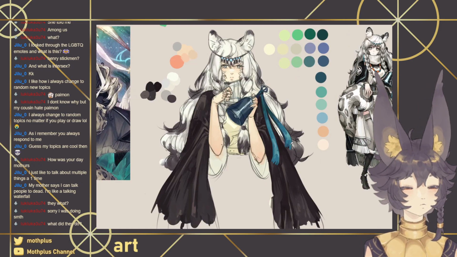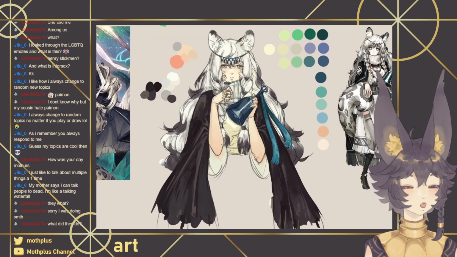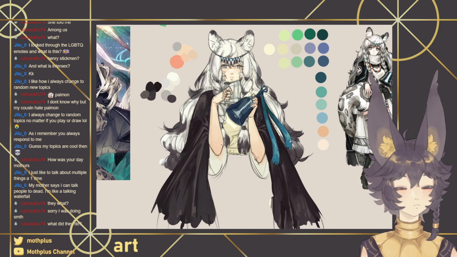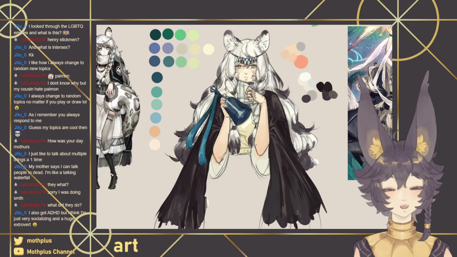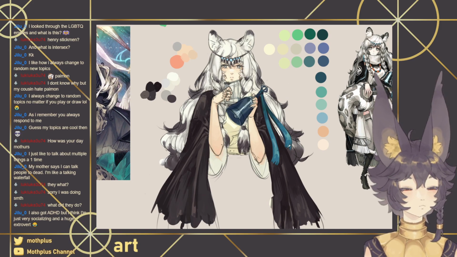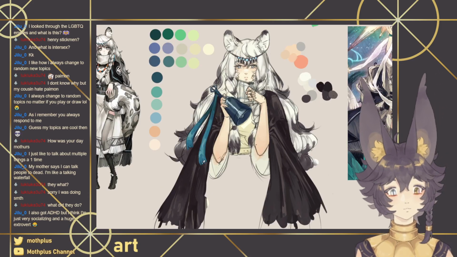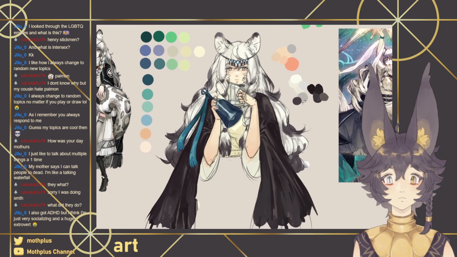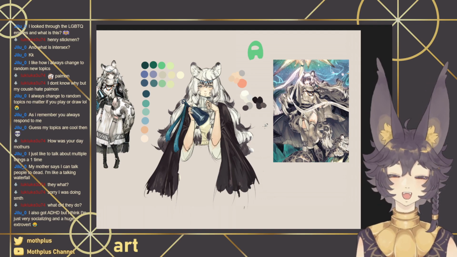So even if I change a topic very suddenly, I've gotten a lot better, not perfect obviously, at being like, oh yeah, and here's how I got to this, here's why I'm talking about this, you know? So like, oh, that reminds me of X, whereas sometimes in real life I just don't do that, because I do what I want. I also got ADHD. But I think I'm just a very socializing huge extrovert.